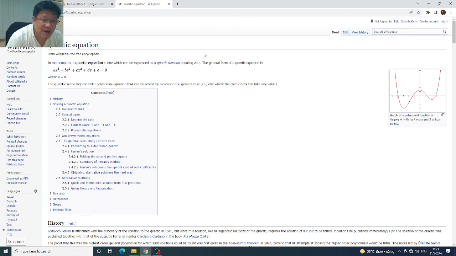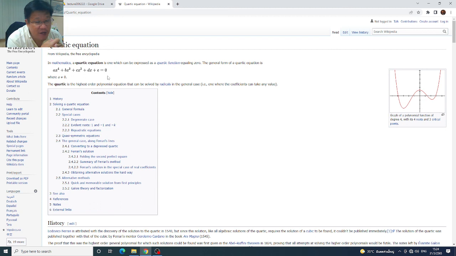Theoretically, mathematicians have proven that starting with the fifth order, a polynomial function, or what we call a quintic equation, and likewise a sextic of order 6, you cannot write any general formula.